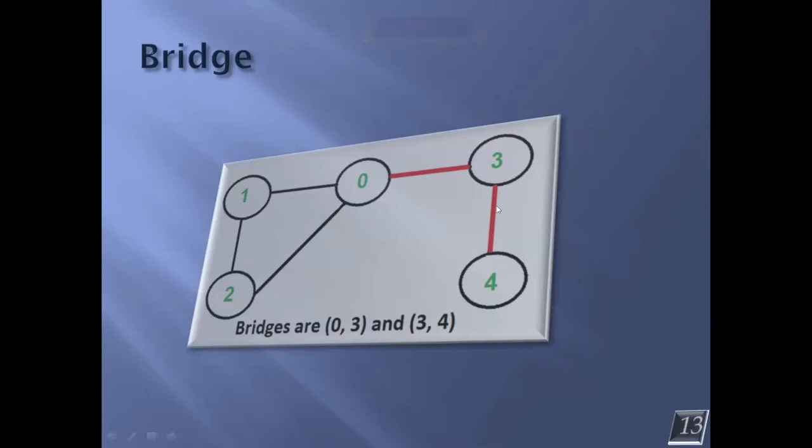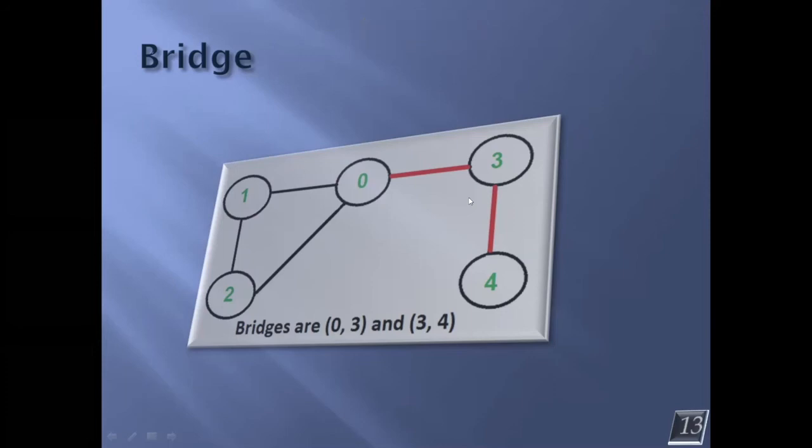If we remove the edge between 3 and 4, it will also increase our connected components by 1, and there will be two connected components, which are 0, 2, 1, 3 and only one node, 4. In both cases, they increase our connected components by 1. So these two edges are bridges.